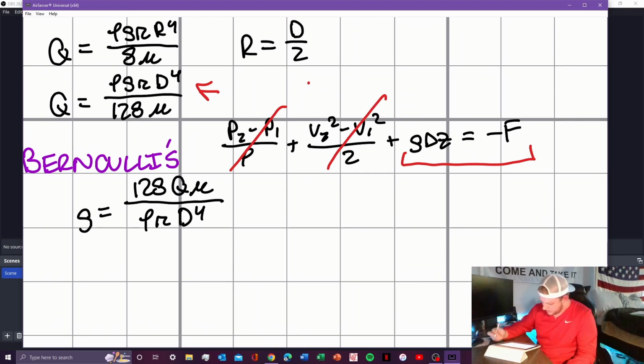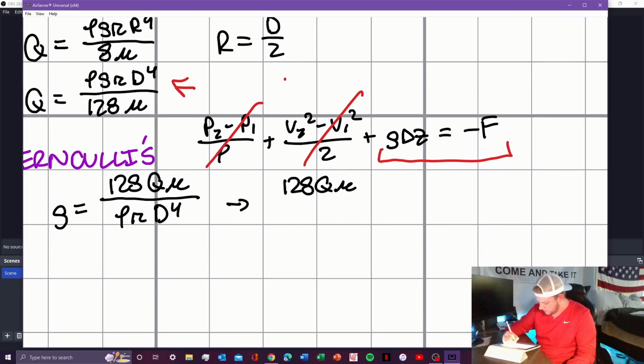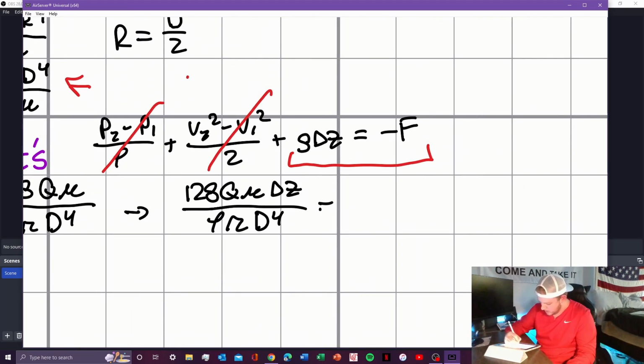We can then plug that into the equation, and we will get 128 Q mu times delta z over rho pi d to the fourth is equal to the positive frictional heating coefficient.